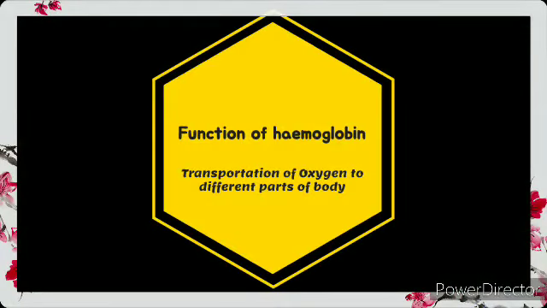So we have already seen the function of hemoglobin. The main function of hemoglobin is the transportation of oxygen. We have seen in the structure of hemoglobin that the molecule contains iron.